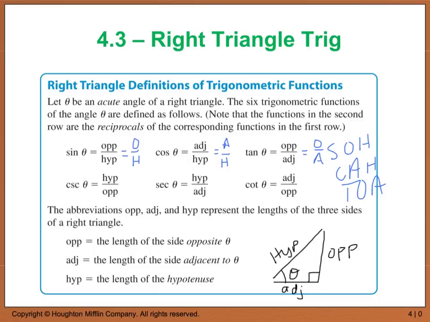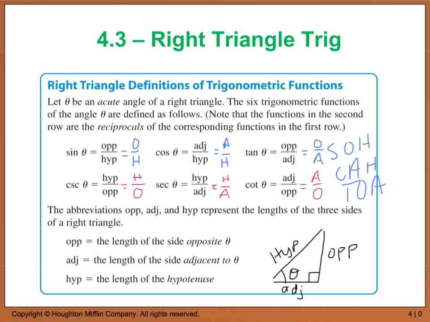And then we have all the reciprocal functions, which are right down below. The reciprocal of sine is cosecant, so we would rewrite this as the hypotenuse divided by the opposite side. Secant then would be the hypotenuse divided by the adjacent side, and cotangent, which is the reciprocal of tangent, would then be the adjacent divided by the opposite side.